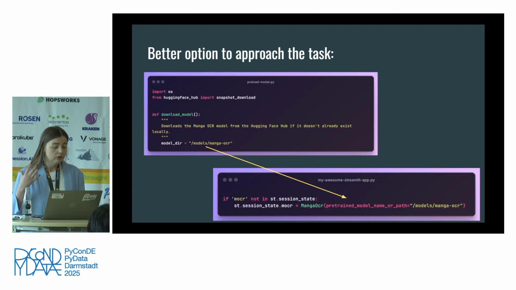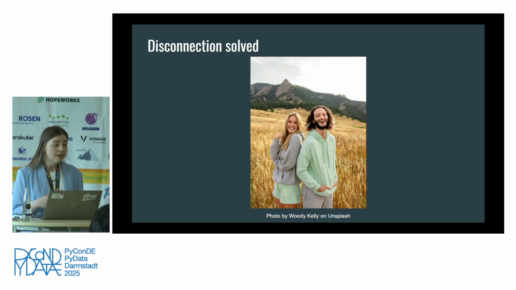And we just check this directory in our Streamlit app. So we're just assuming that the model is there. It's being downloaded and placed into the correct directory, and we can use it during our app run. So this hopefully makes life easy for our MLOps or MLE team, and this disconnection is being solved.